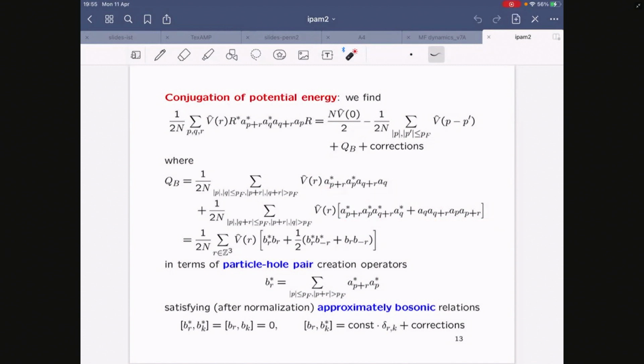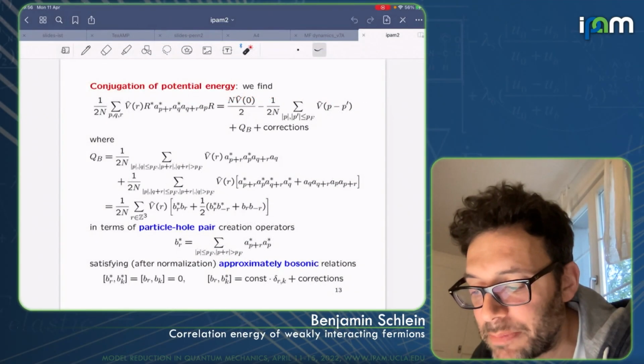And what they have in common is that they can easily be expressed in terms of a new field operator, B star or B, so B and B star again. What is B? What is B star? You multiply two creation operators in the fermionic language, and you sum over all possible p's.